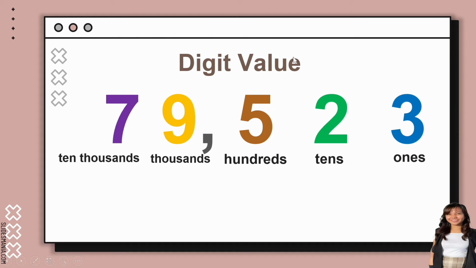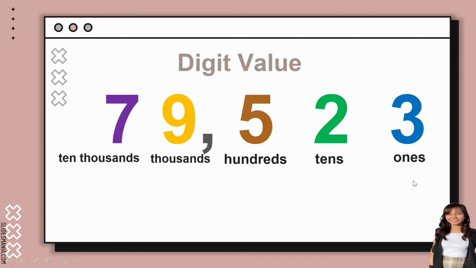Now let's review the digit value. We have here 79,523. We have place values ones, tens, hundreds, thousands, 10,000s. The digit value is based on this.